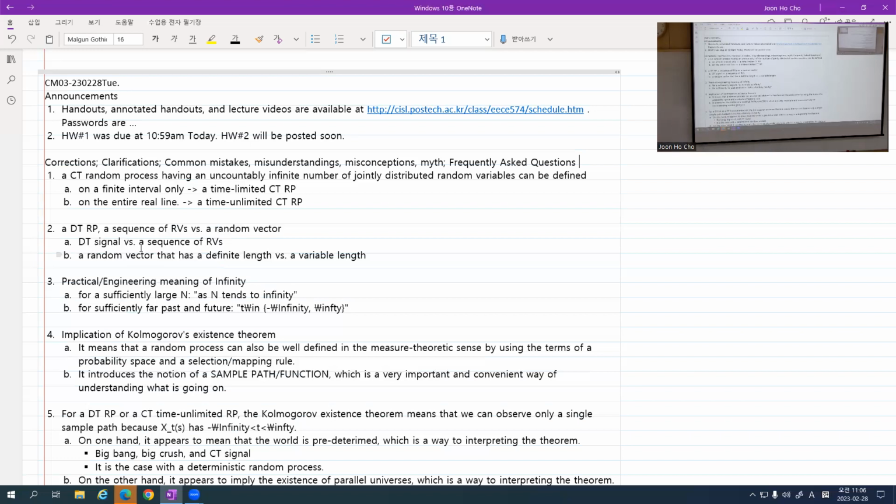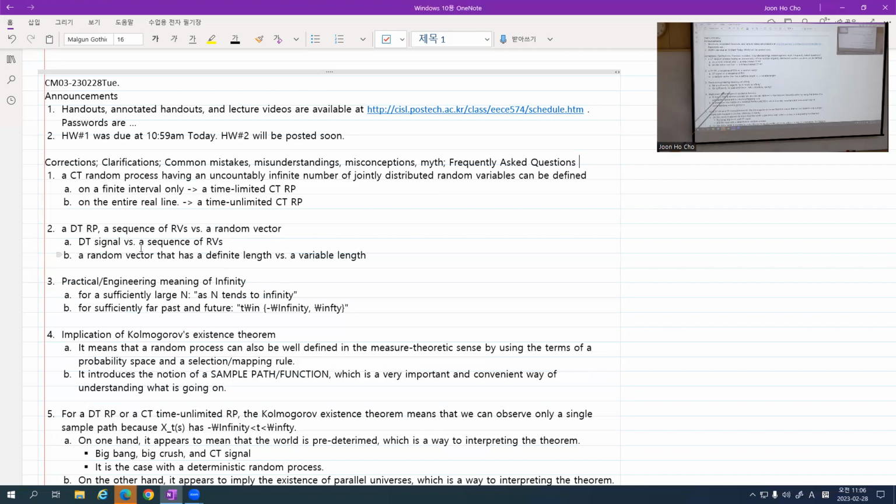Anyway, similarly, given a discrete time random process, in many cases you may say that, in an engineering sense, I'm given a vector, a random vector. However, mathematically speaking, when we have a countably infinite number of random variables, we have two cases in most of the times.